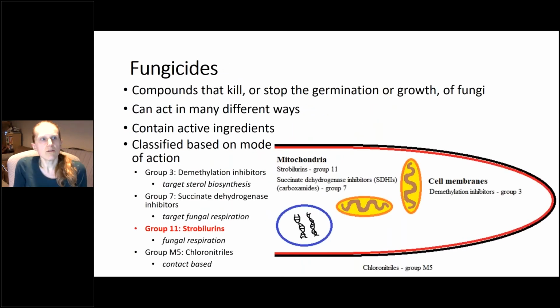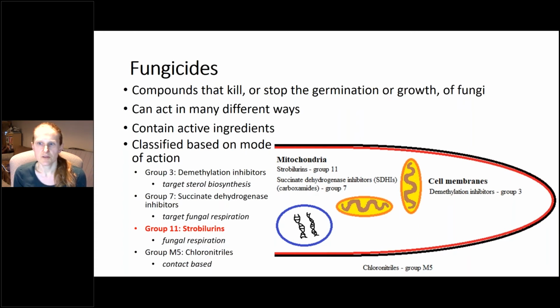So now to get into fungicides. As I'm sure you all know, fungicides are compounds that can kill or stop the spore germination or growth of fungi. And they have many different potential modes of action and contain active ingredients.